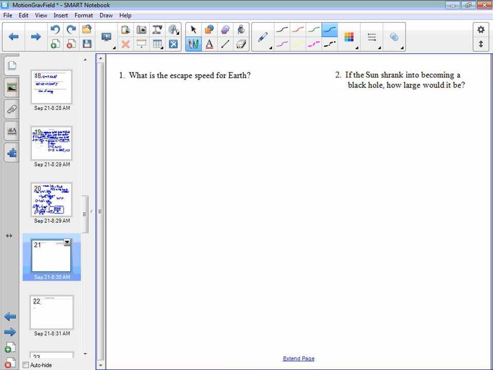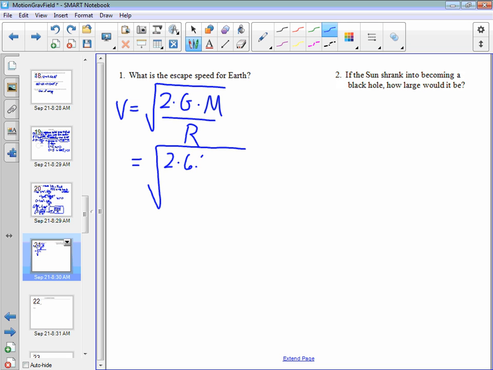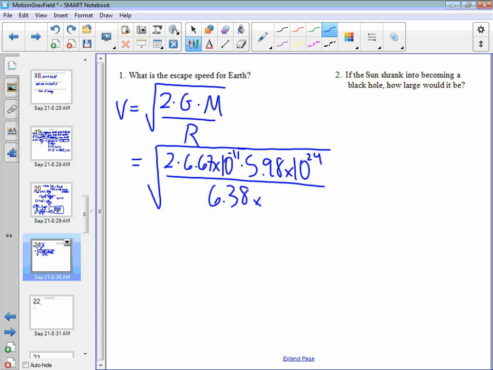Okay? I've got a couple of example problems here. What is the escape speed for Earth? Right? Plugging in values for these variables, meeting the surface of the Earth, we end up with approximately 12 times 10 to the 3 meters per second, or in other words, 12 kilometers per second.